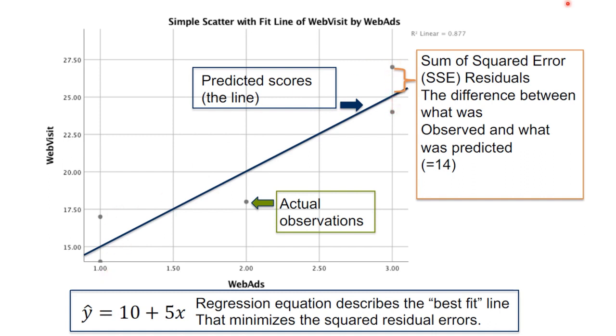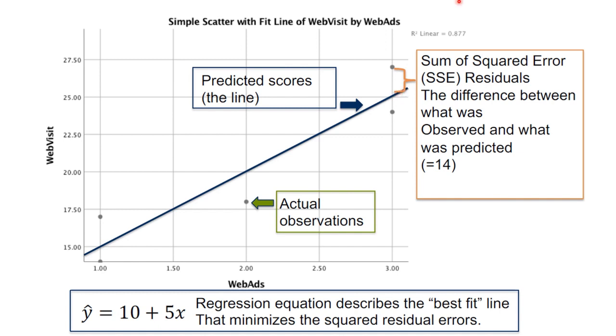The equation figures out the sum squared error residuals, this SSE, which is essentially the difference between what has been observed and what has been predicted.